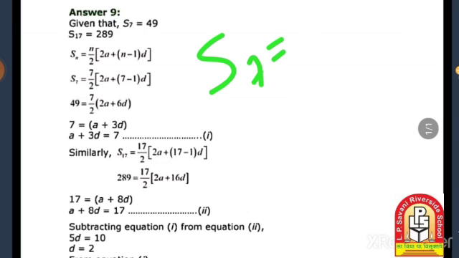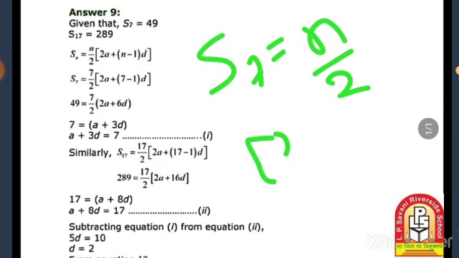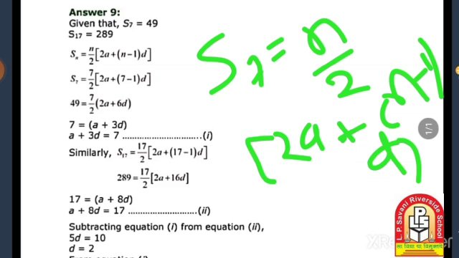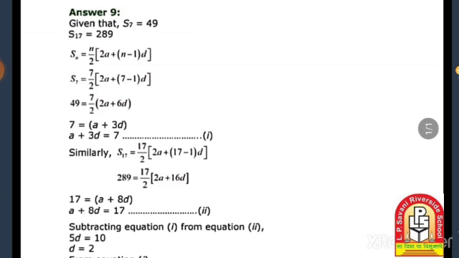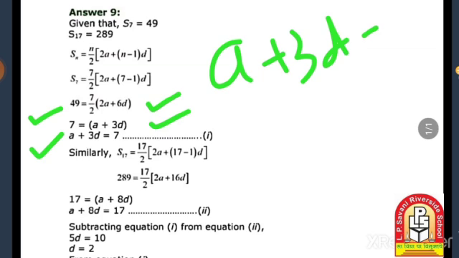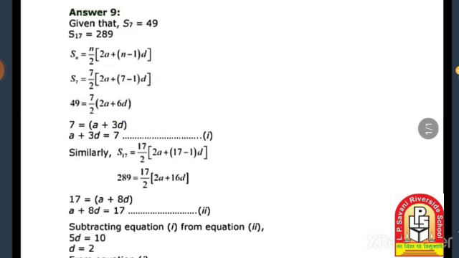S7 is equal to n by 2 in the bracket 2a plus n minus 1 into d. So S7 is equal to 49 and 7 by 2 into the bracket 2a plus 6d. So 7 is equal to a plus 3d. So a plus 3d is equal to 7.